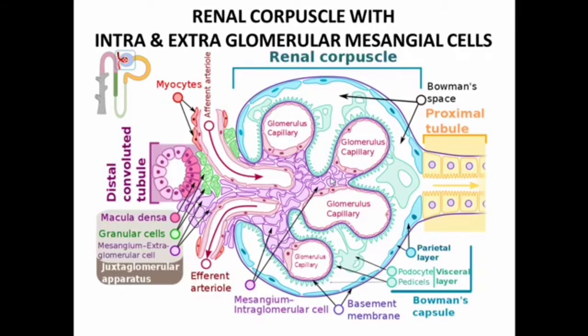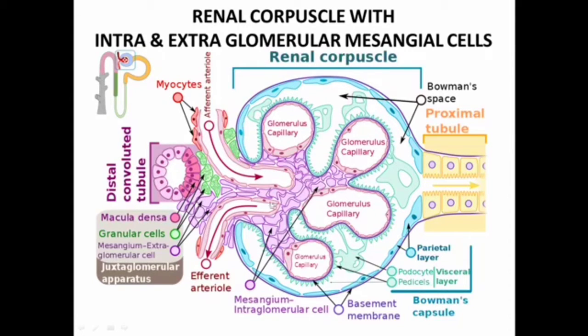So these are the mesangial cells, and these mesangial cells can be divided into the intraglomerular mesangial cells and the extraglomerular mesangial cells. So these are the intraglomerular mesangial cells, and in continuity, you can see these type of mesangial cells are also present here. Those are present outside these glomeruli.